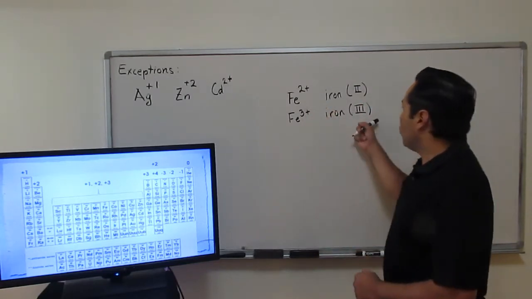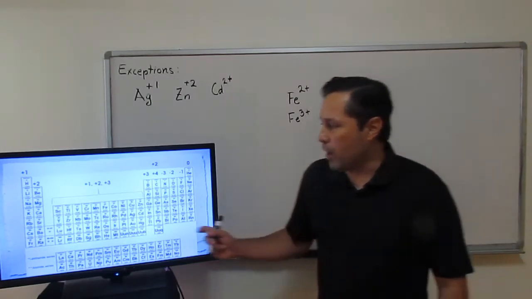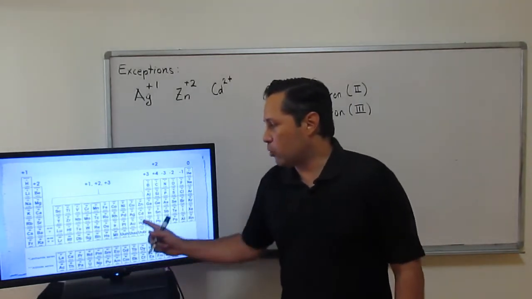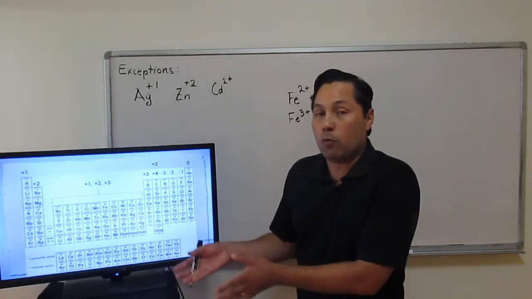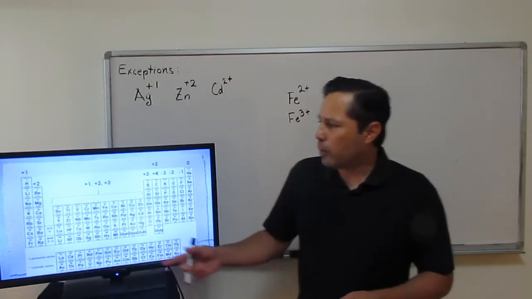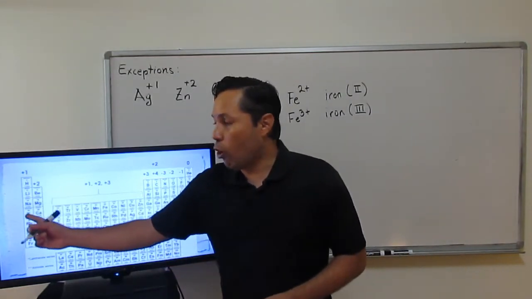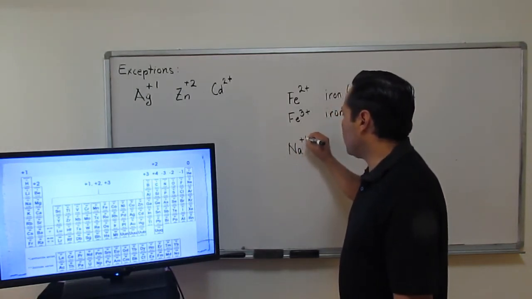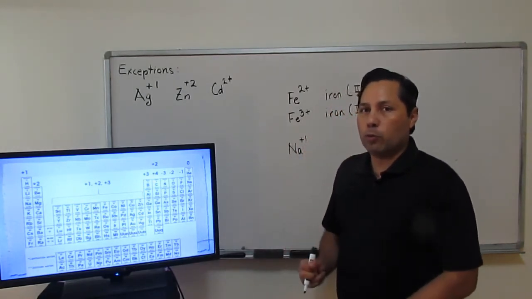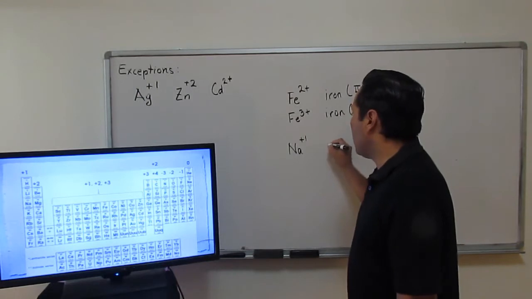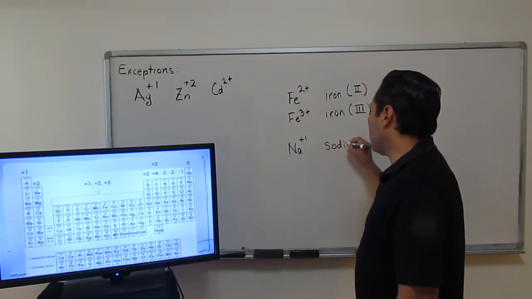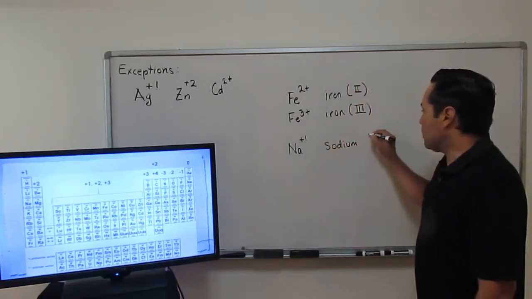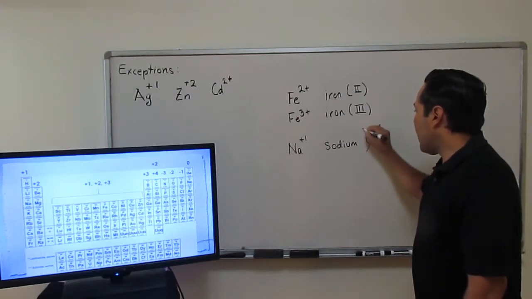Now you only use Roman numerals in the name when you're dealing with these transition metals, because they could be either a 1, a 2, or a 3. What about someone like sodium, who is always a +1? So let me write that down, sodium +1. Do you have to put a Roman numeral for sodium? The answer is no, you do not. Sodium would not have a Roman numeral.